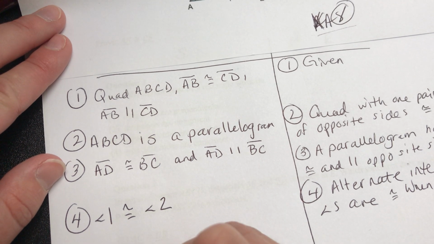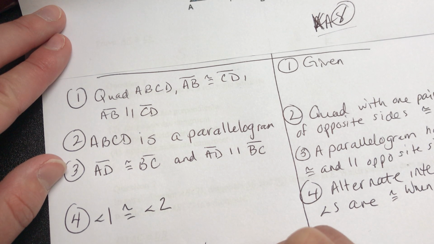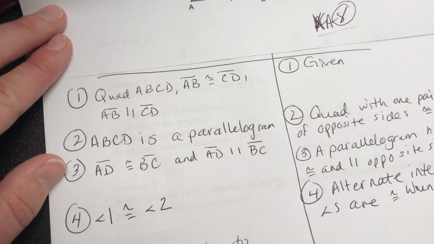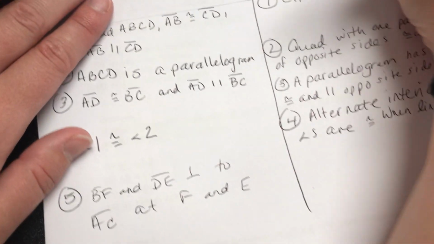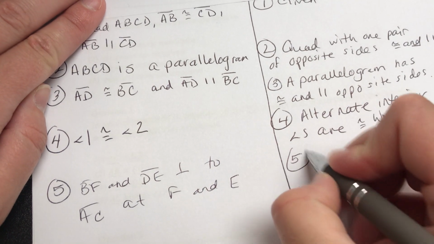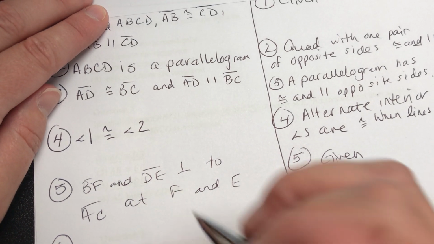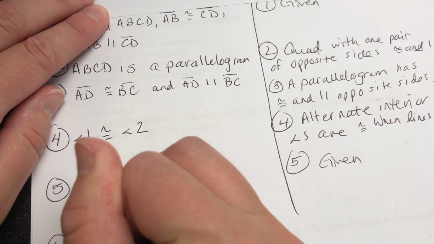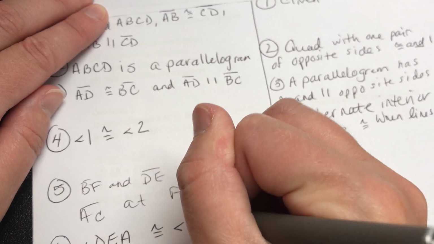So my next given is that BF and DE are perpendicular to AC at F and E. Oops, sorry, you can't see that. Given. And again, I'm using that to be able to say that angle DEA is congruent to angle BFC.